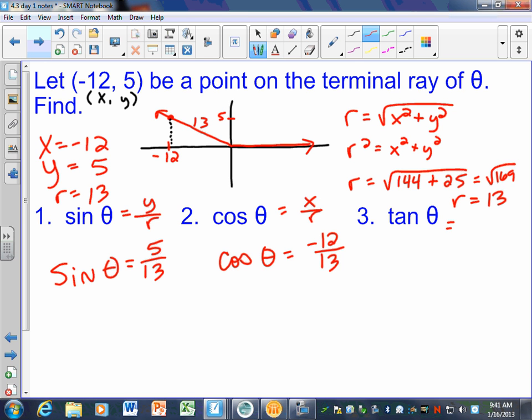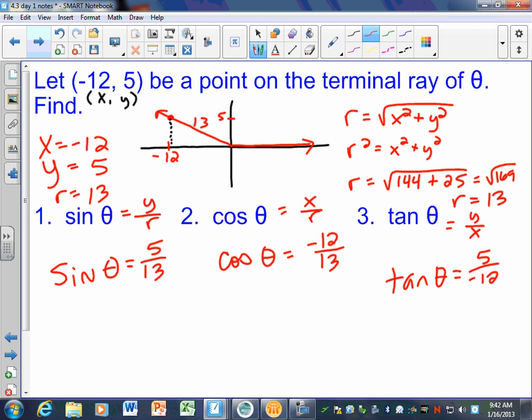And in the coordinate plane, tangent is y over x. And so we would say tangent of theta equals 5 over negative 12. Just like always, it doesn't matter on this answer if the negative was in the top or the bottom. As long as you put a negative there, it means that it's a negative value. And you could do secant, cosecant, and cotangent. I'm just not going to waste the time doing it because you just flip them over, right?